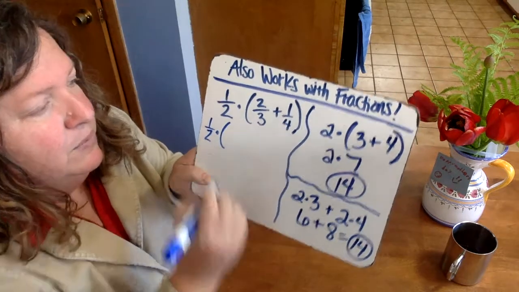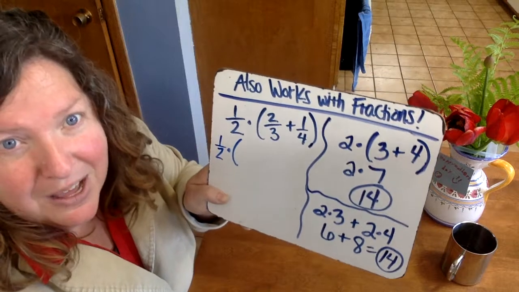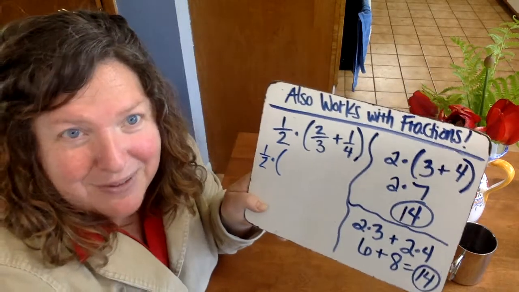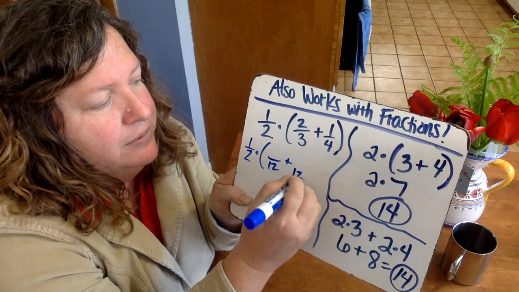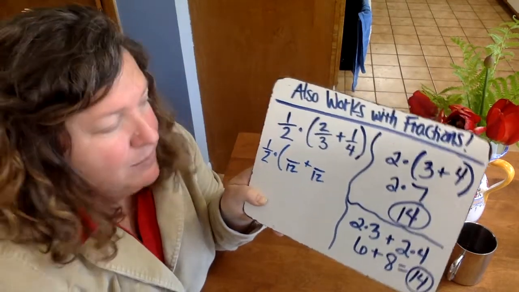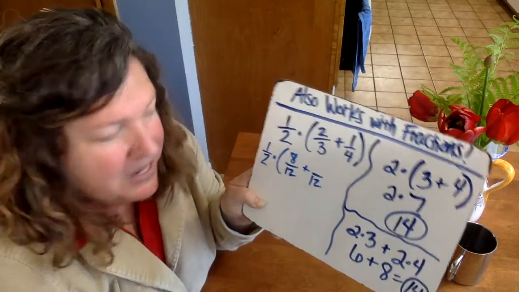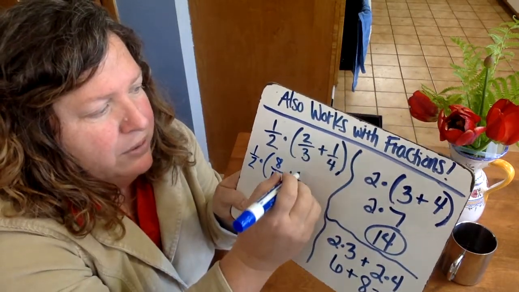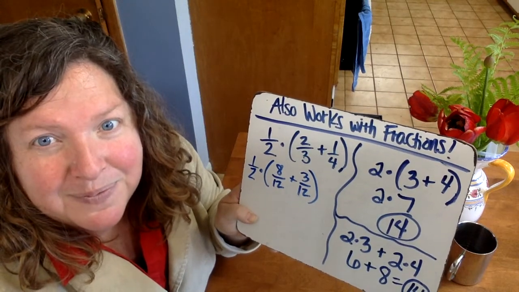So I know that 3 and 4 need a common denominator. And I know my facts, so I know that that common denominator is going to be 12. So I know that I'm going to change 2/3 into 8/12. And I know I'm going to change 1/4 into 3/12.